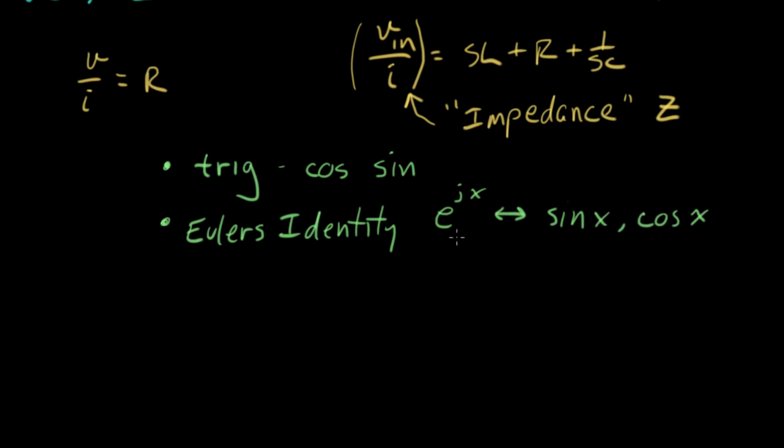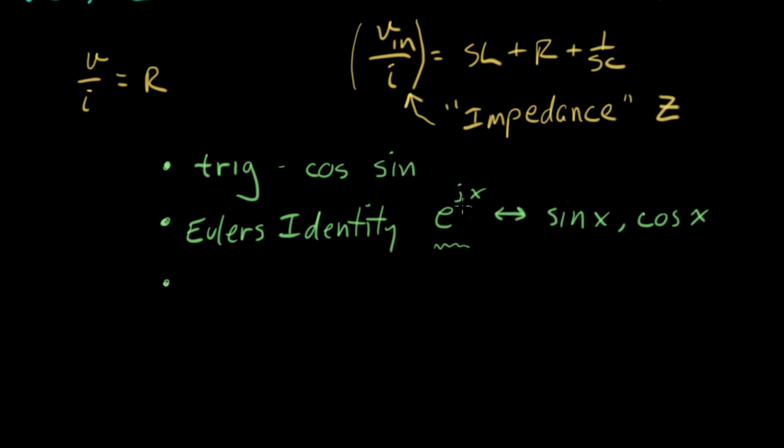And if you remember when we were solving differential equations, this was always the form that was the easiest solution to come up with, e to the something. And if we're limiting ourselves to sines and cosines for inputs, we need to have a really easy way to solve the equations. So Euler's identity is the trigger that allows us to do that.